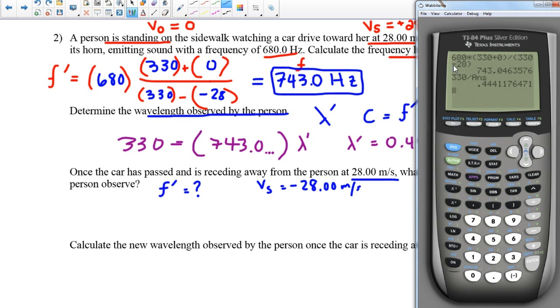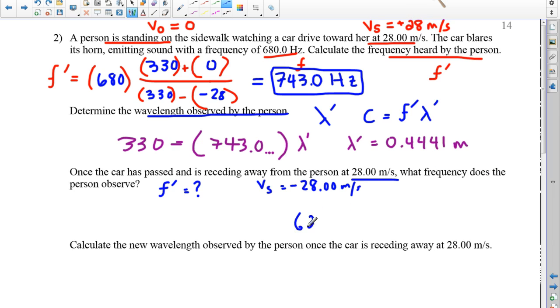So the denominator is now going to end up adding, because it's a negative velocity, I'm subtracting a negative, which means I'm adding the 28. 626.8. So that's going to be our answer. And just like before, we can use c equals f lambda, apply it to the observed frequencies to find this.